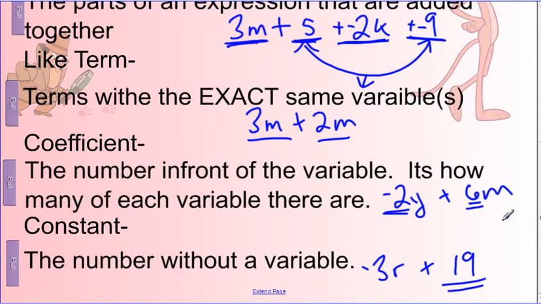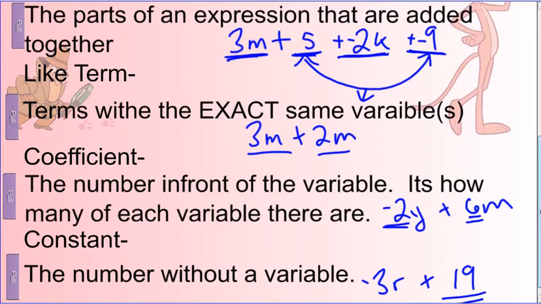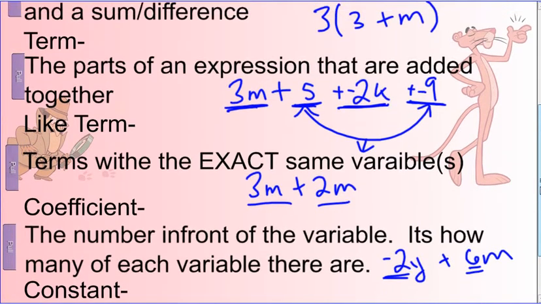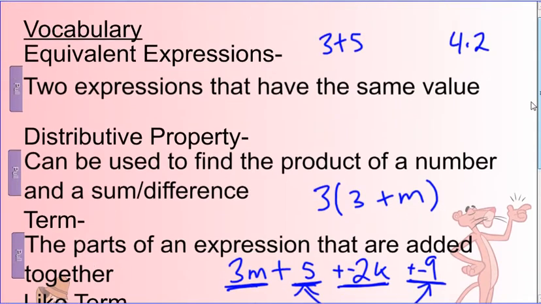Okay? Now, it is good to know the definitions of these terms because later on, if you look down on the note sheet, example 3 is going to ask you to find these different things from a given variable expression. So knowing that a coefficient is the number in front of the variable, knowing that the constant is the thing without a variable, terms, like terms, knowing those are good things you need to know to be successful in algebra.